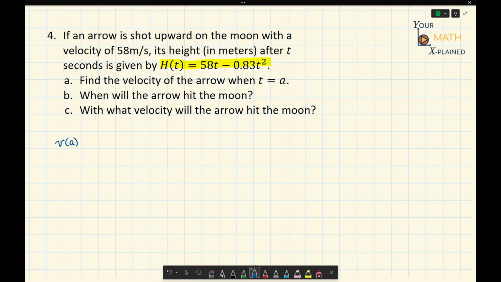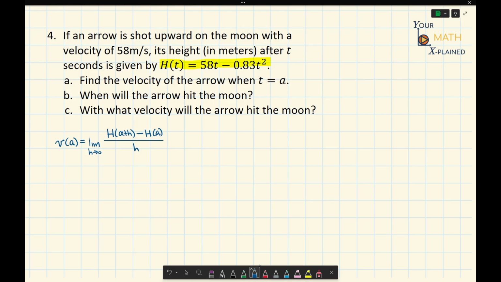So v of a is going to be equal to the limit as h approaches 0 of H of a plus h minus H of a, over h. Here the capital H is our function, and the lowercase h is the distance between the 2 points that we're picking, which we talked about in the previous video.